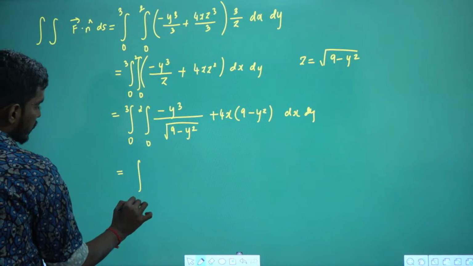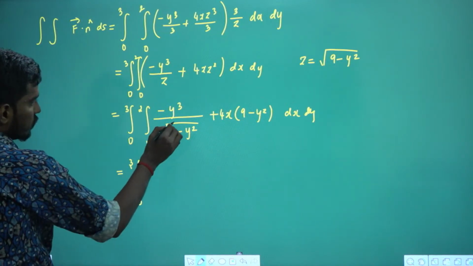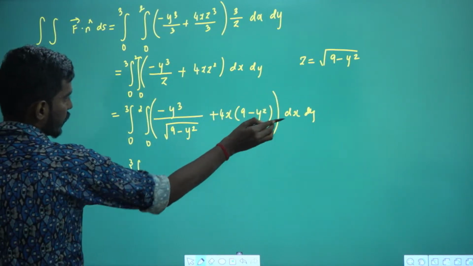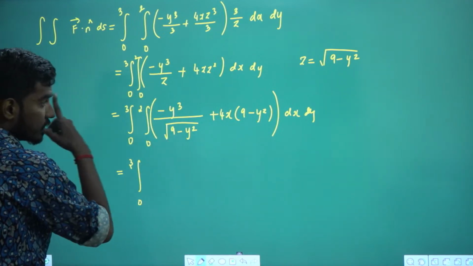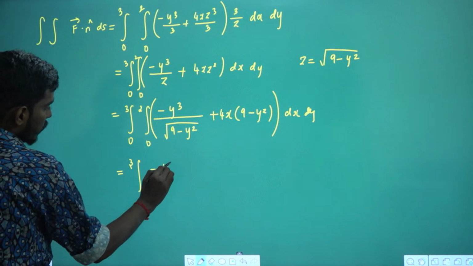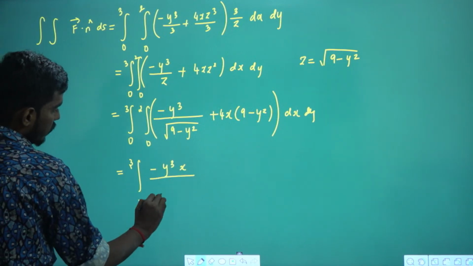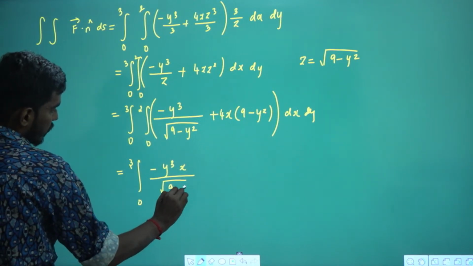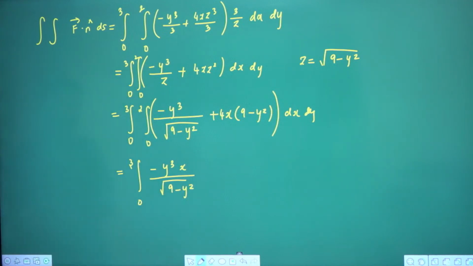So this will be integration from 0 to 3. Integrate with respect to x. There is no x term here, right? So we will have minus y cube x by root of 9 minus y square. Integration of dx is x, right?